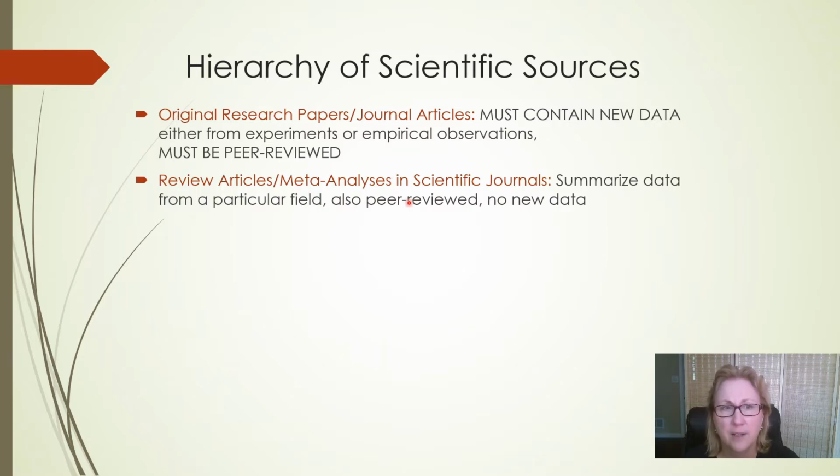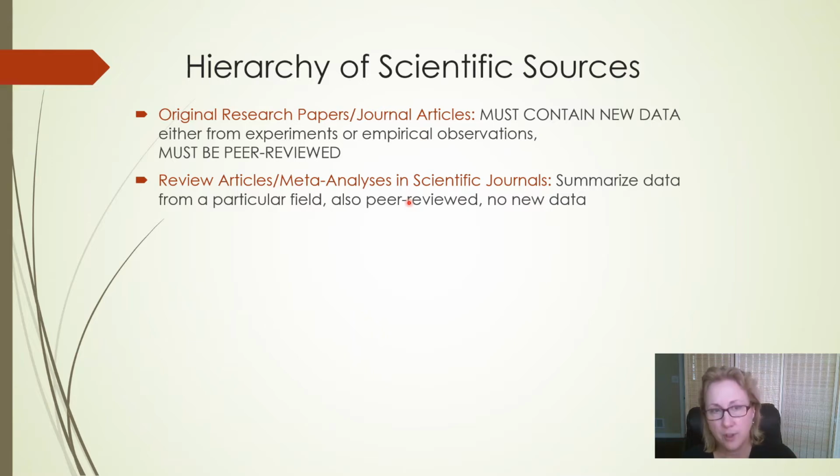The next level down in the hierarchy is things that are not reporting new data, but are compiling recent data from other scientific articles. These are either called review articles or meta-analyses. Sometimes it'll be labeled a review article and it will also say this is a meta-analysis.